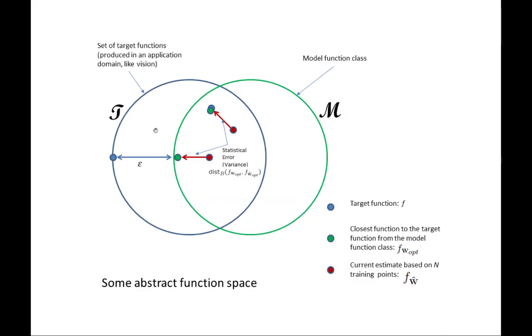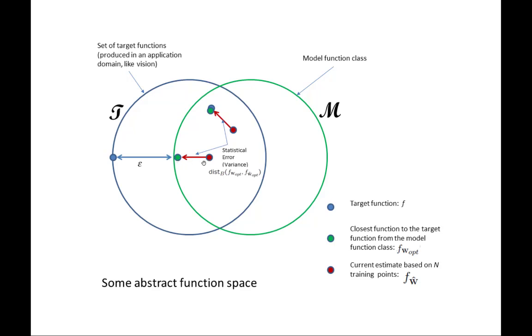So here's the picture. So we have our targets again, our best fitting models from the model class, the green one, but based on finite number of data, we haven't reached this optimal situation yet. We are somewhere in this space, and there's a difference between the best model I can do from the model class and the current estimate of my model.